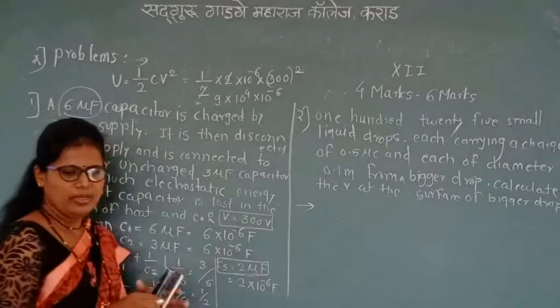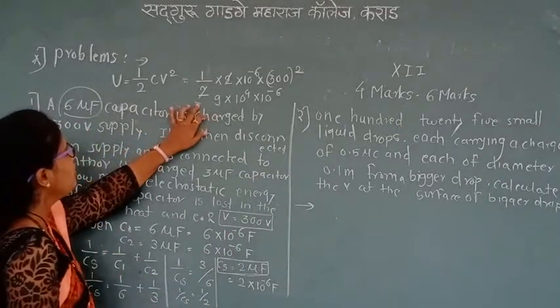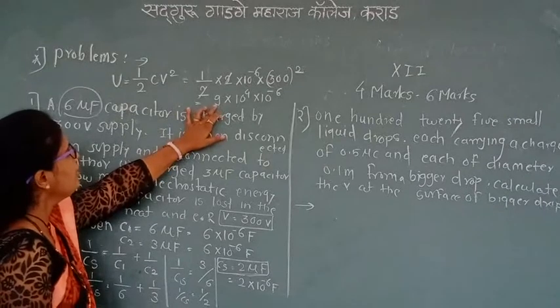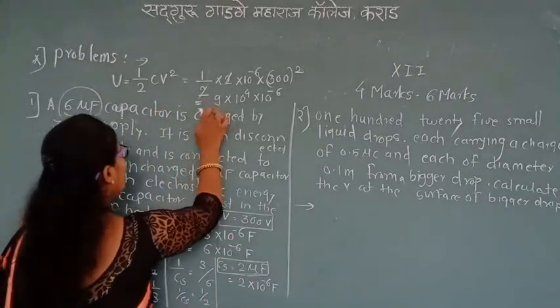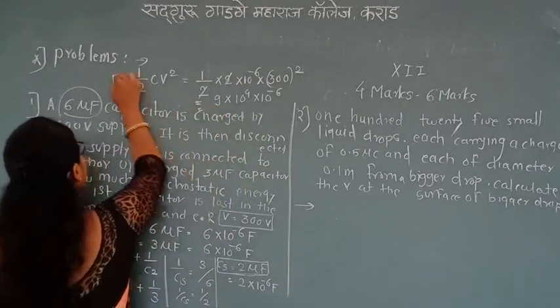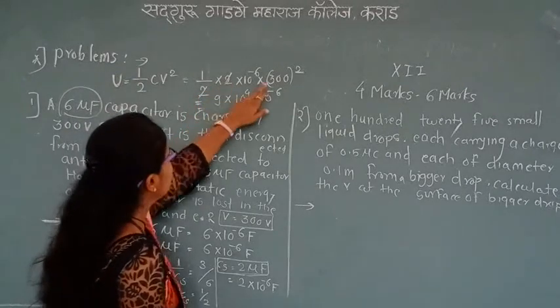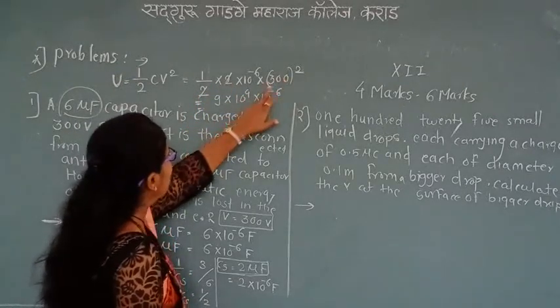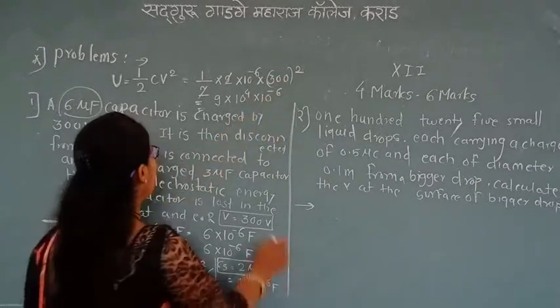This simple calculation we can do by mathematical methods, and if there is a difficult calculation, we have to use the log table. By using the log table we can easily find the value of electrostatic energy. Here the 2 cancels, 3 square is 9, into 10 raised to 2 square, which is 10 raised to 4, into 10 raised to minus 6.